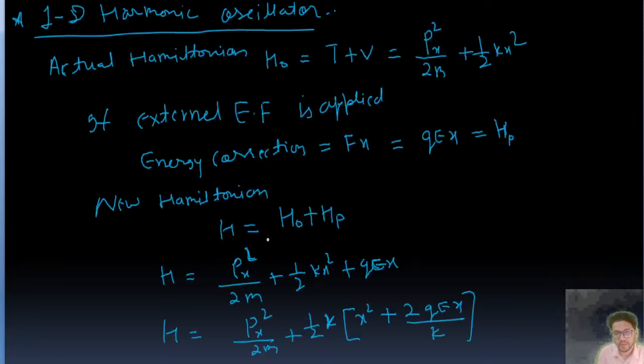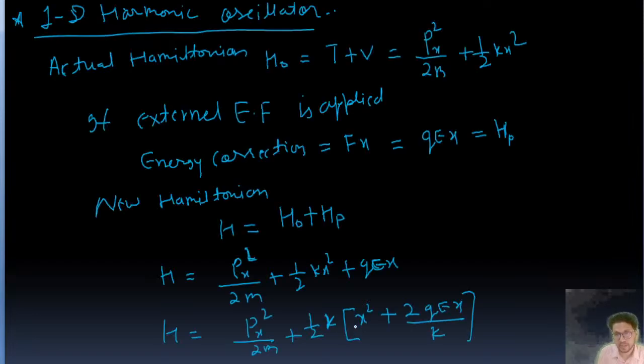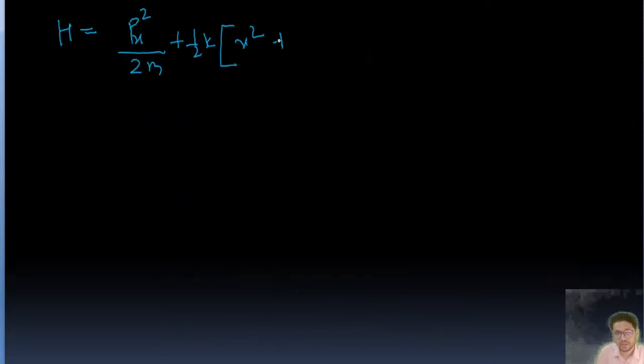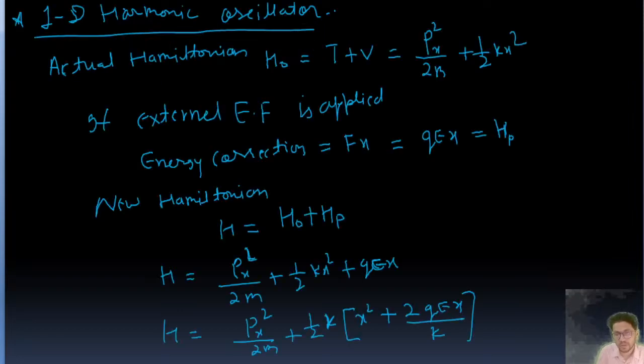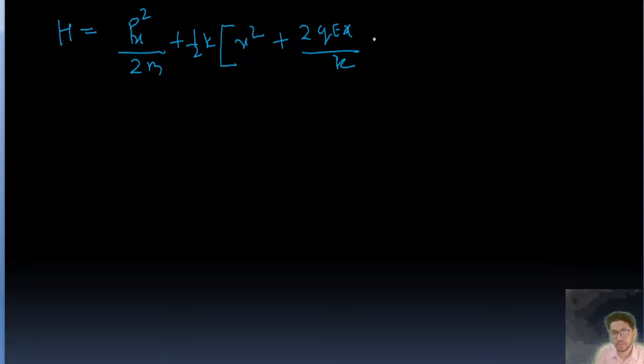Now we'll make it into this form. H is Px square upon 2m plus half K, we have taken common, x square plus 2QEx by K. We can do one thing: add Q square E square upon K square and subtract Q square E square upon K square.